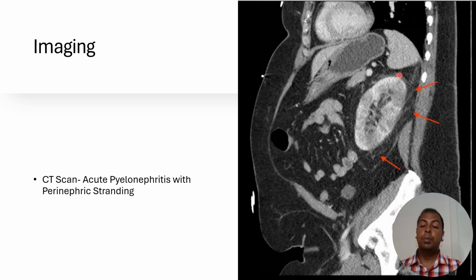In a patient with acute pyelonephritis, you can see here there's swelling of the fat that surrounds the kidney as a result of inflammation that's present in the kidney that causes the perinephric fat stranding here. And you can see the parenchyma of the kidney appears a bit striated. That's also characteristic in a patient with acute pyelonephritis.